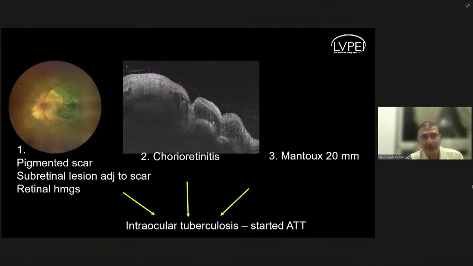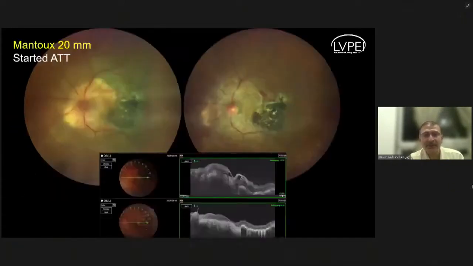So if we have to have a clinical reasoning with an analytical thought process attached to it in this particular patient, there is a pigmented scar with a subretinal lesion adjacent to the scar and with overlying retinal hemorrhages, and on OCT you can see the elevation of the retinal pigment epithelium-choriocapillary complex with the disorganization of the retina, and third, in this patient, the Mantoux was positive.